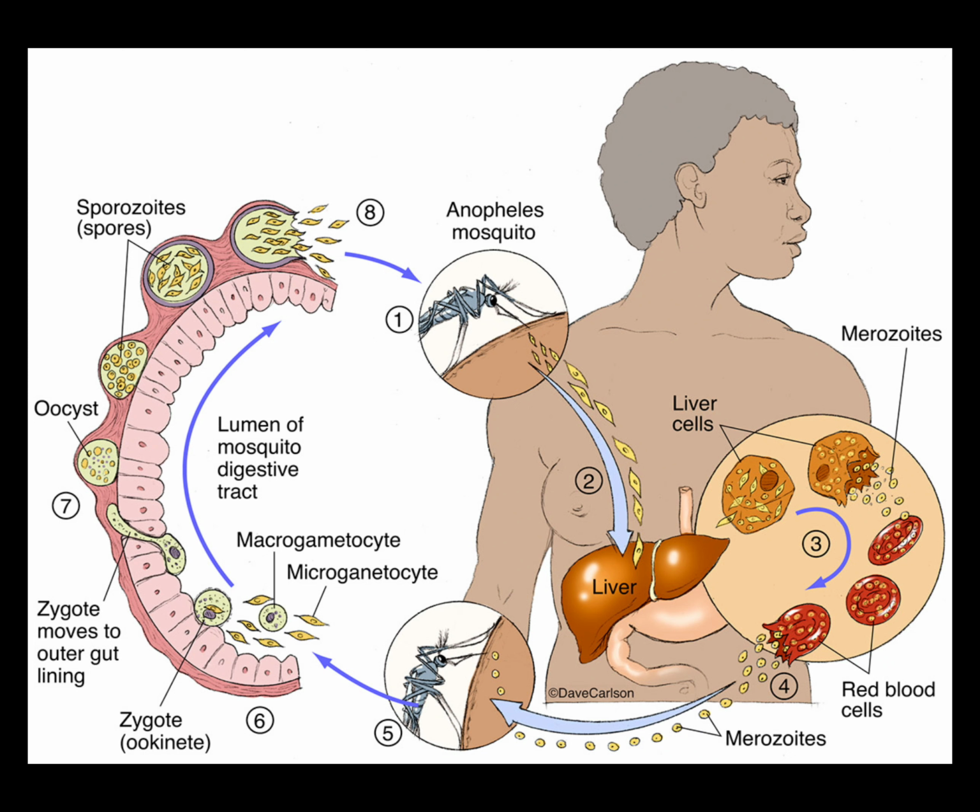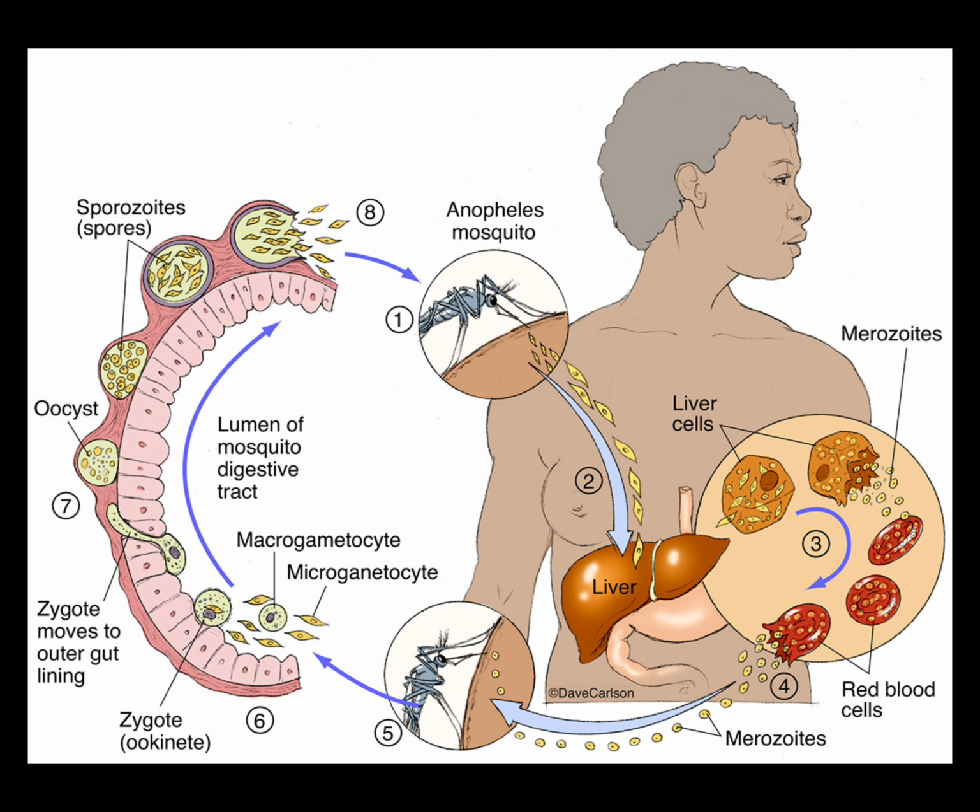Then coming to the life cycle, we have seen that the mosquito will bite. The first bite of the mosquito will lead to a sporozoite entering into the human being, then the pre-erythrocytic or exoerythrocytic cycle in the liver, merozoites will be released, and the erythrocytic cycle in the RBCs, developing into trophozoite, schizont, merozoites.